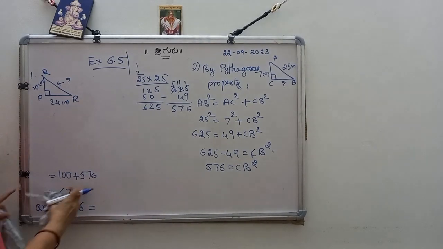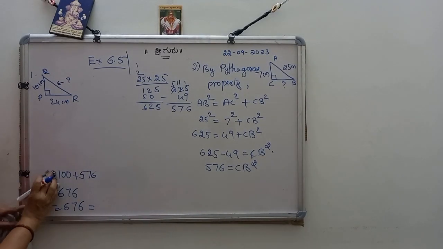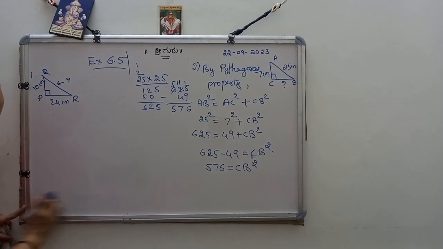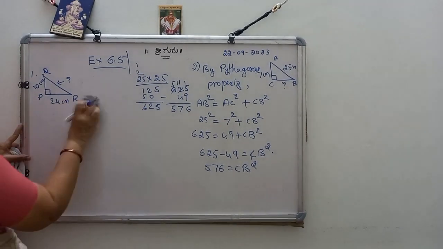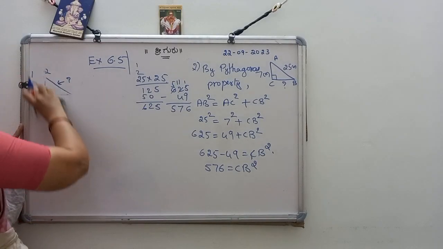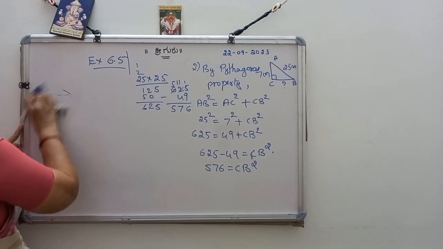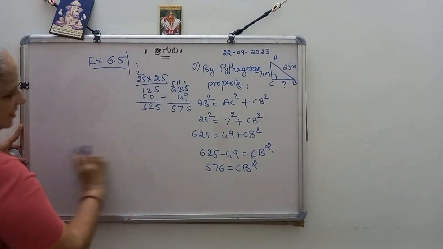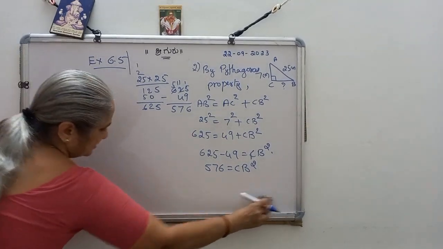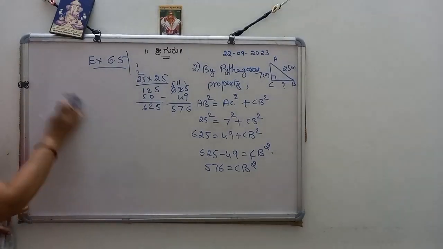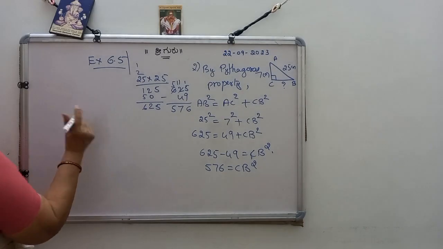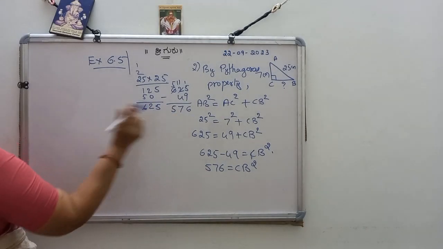In the earlier sum, 576 is 24 square. Directly we can take it, or if you don't remember, you can find by factorization. And children, by practice, you will remember squares of the numbers, and the number which is multiplied twice gives you 576.